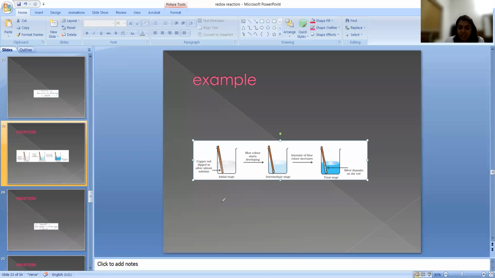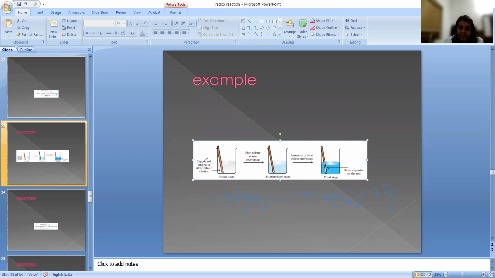So copper plus silver nitrate, AgNO3, will be there. That will give you Cu(NO3)2 because copper is more reactive than silver, so Cu(NO3)2 plus 2Ag. This is the reaction happening here.